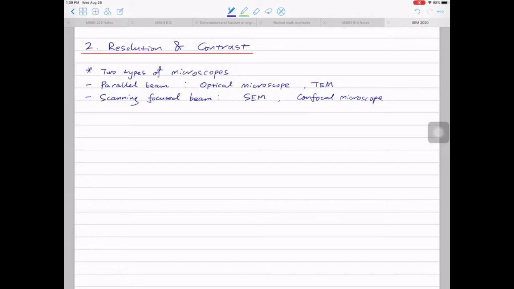At the end of the box, you have the cathode ray gun, an electron gun. And to form an image on the TV screen, the beam scans across the screen. Because it does it so fast, human eyes cannot tell the difference. That's how the images were formed on the old style TV sets. So it's another kind of SEM-like, scanning focused beam technique.